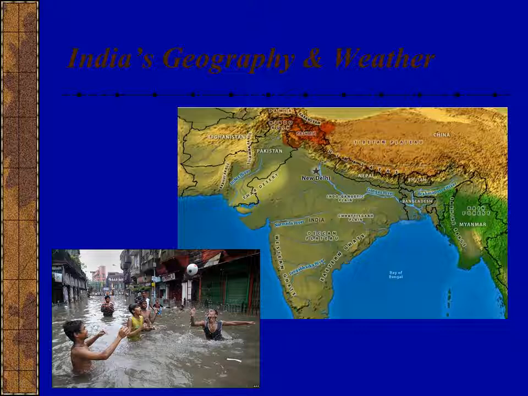Then you've got the fact that the weather here can get interesting quickly. There are two monsoon seasons here, and a monsoon is just a huge storm. The best idea I can give of it is this picture. You've got kids playing in the street in water that's waist deep, and it's an everyday occurrence, because this happens twice a year.